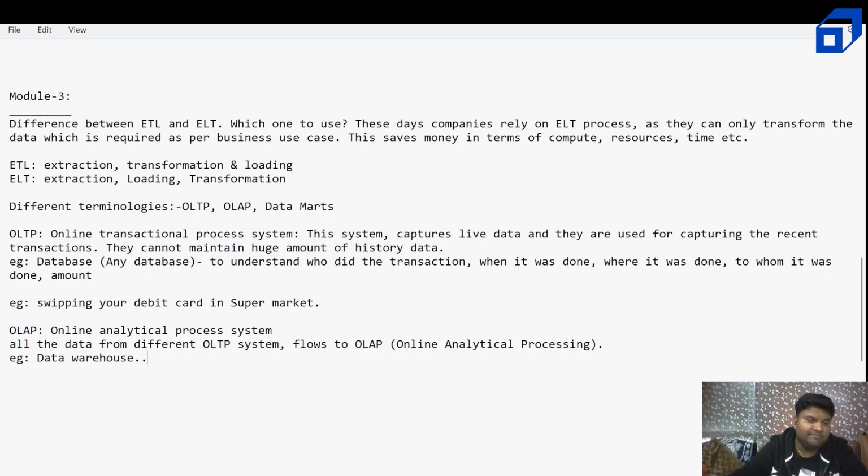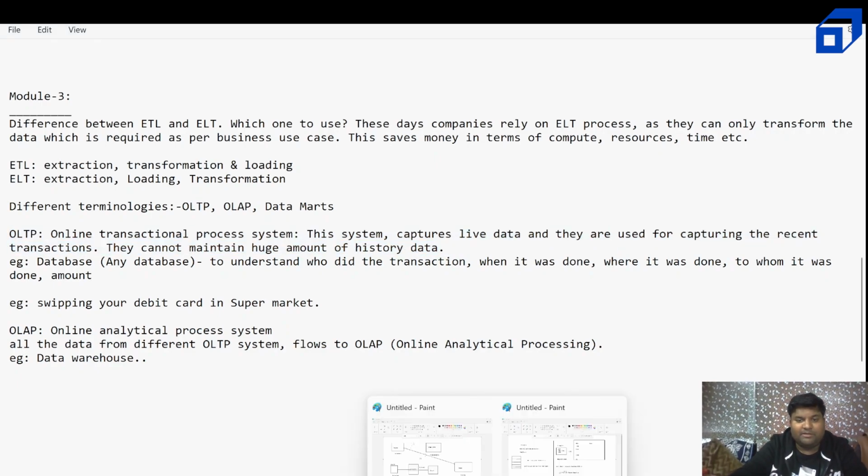So my OLAP system is basically used to store history-to-date data, year-to-date data, and it is required for performing the analysis. That is the meaning of OLAP. I hope OLTP and OLAP make sense now.